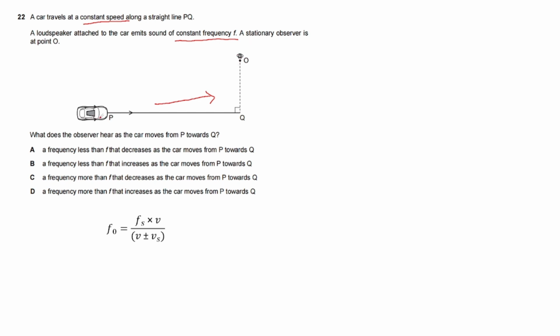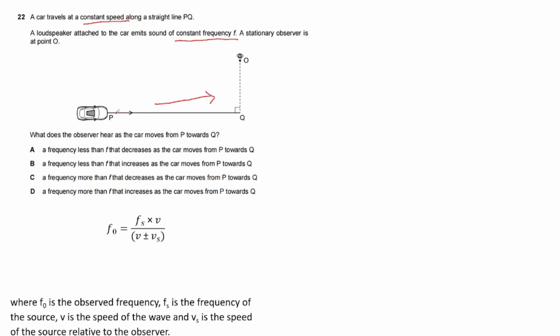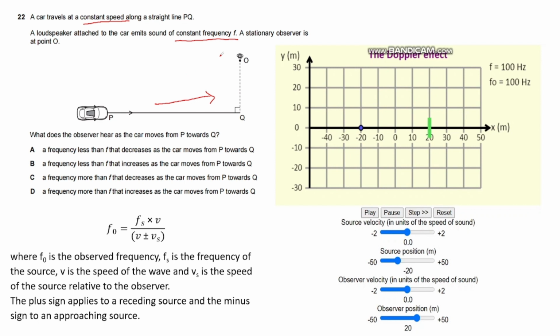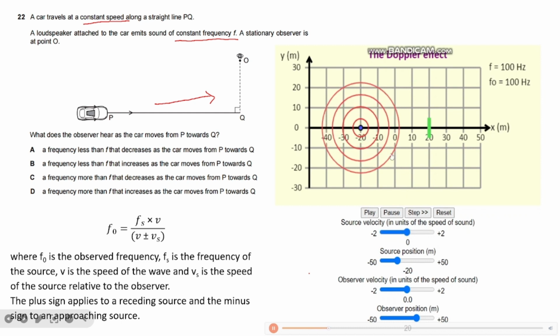So this is the source here, and let me show you a video of what the Doppler effect is. Here this is the source, and this is the observer, okay? Initially the source is emitting waves of constant frequency. As I'm increasing the source speed, what happens?